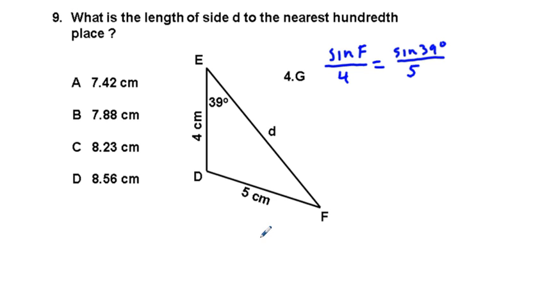Okay, so F is 30.23 degrees. And so angle D is equal to 180 minus 39 minus 30.23 degrees. Okay.